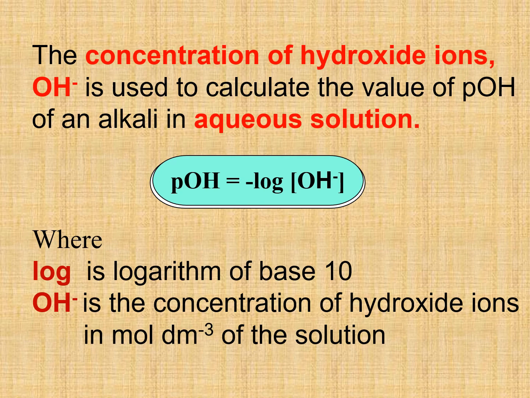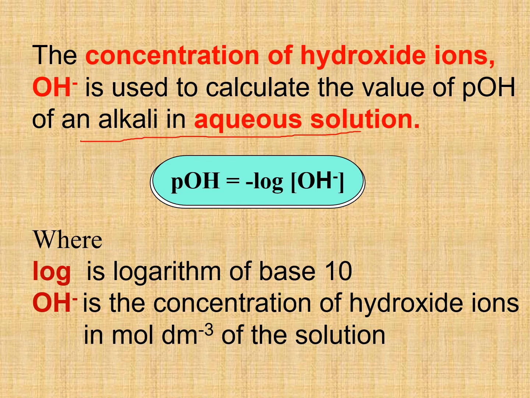The concentration of hydroxide ion is used to calculate the value of pOH. Okay, previously we have learned about acid. Now it is about hydroxide, which is alkali. In alkali, the OH minus is very important to determine the pH of the alkali. So OH minus is used to calculate the value of pOH of an alkali in aqueous solution.